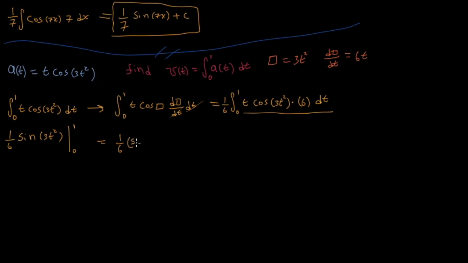So sine of 3 times 1 squared minus sine of 3 times 0 squared. Close this bracket up, and close this bracket up as well. And then when you punch all those numbers into your calculator, you'll get a number that's approximately equal to 0.0235.